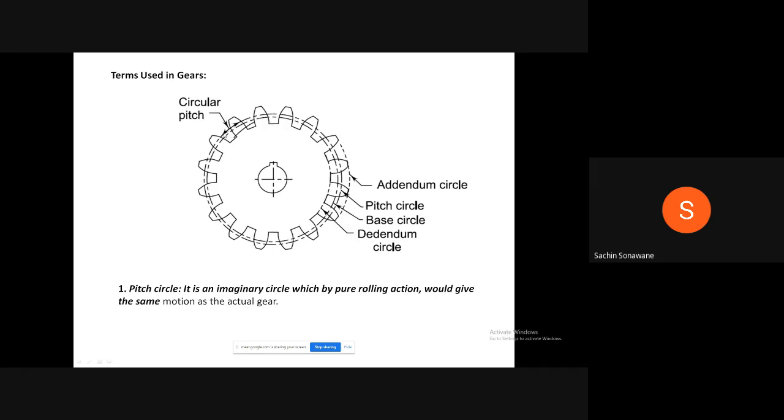Now here also in this diagram you are observing circular pitch. Suppose this is a point on the gear tooth. Therefore, what is the definition of circular pitch? It is the distance measured along the pitch circle from a point of one tooth to the corresponding point on the next tooth. This is known as circular pitch.